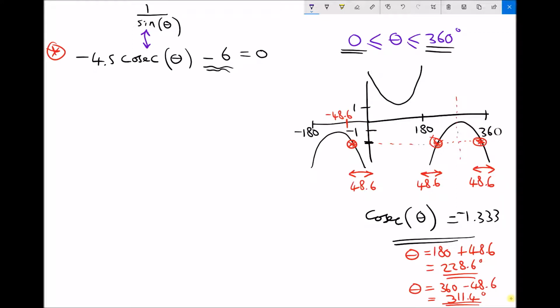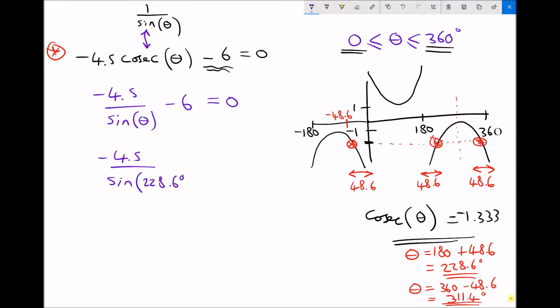So in actual fact what we have here is minus 4.5 over sine theta minus 6 equals 0. Now we're checking that that's true for our two values of theta. So let's check minus 4.5 over sine 228.6 degrees first of all. That's our first solution that we found. Minus 6.